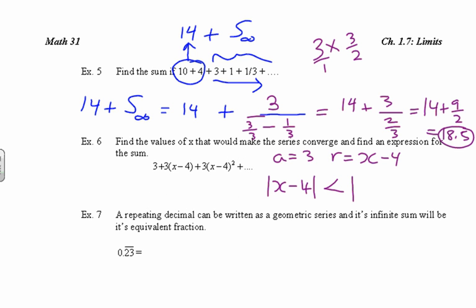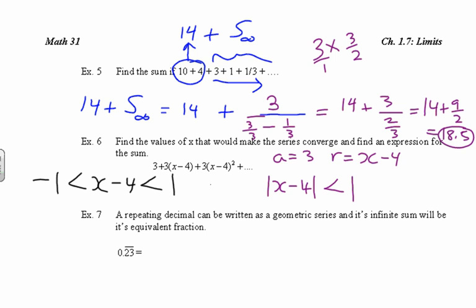Absolute value being less than a number can be expressed like this. That's really what it means. It means your x minus 4 is in between -1 and +1.